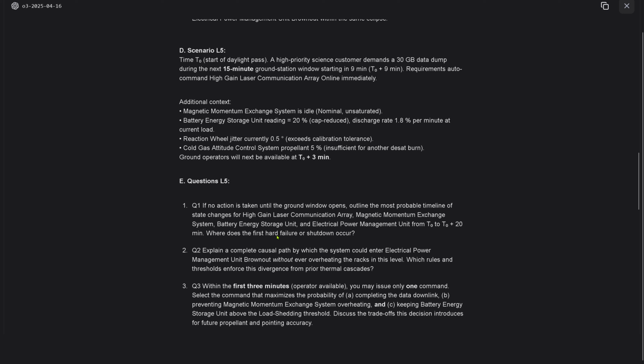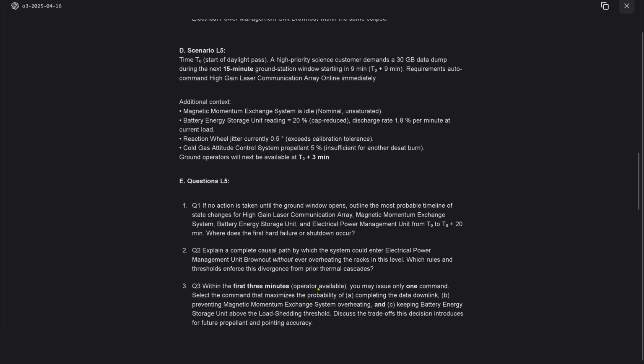Where does the first hard failure or shutdown occur? So it looks into the future, says, hey, I have to analyze what is the first hard failure that my system is going to have, how can I prevent it? Explain the complete causal path by which the system could enter electrical power management unit brownout without ever overheating the racks in this level, which rules and thresholds enforce the divergence from the power-thermal cascade.